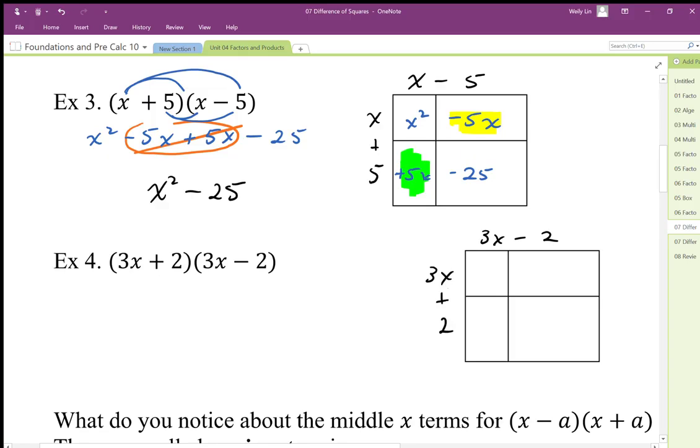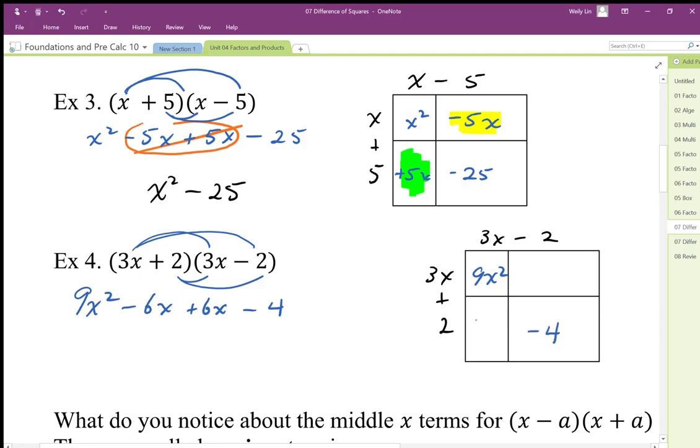This opposite symmetry, when we distribute out, we end up with our square, which is 9x squared here. These two terms cancel out because we end up with one positive, one negative. So negative 6x, positive 6x. And then 2 times 2 is 4, 2 squared is a negative square.